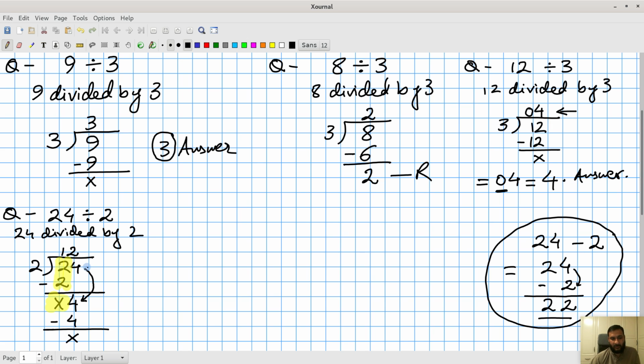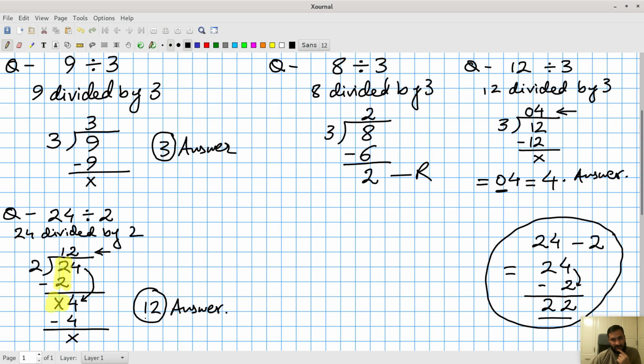And now there are no more numbers here. That means the number which we were given to divide by 2 is now fully processed. And we have 0 remainder. That means nothing is left. That means this is the answer. So we write here 12 is the answer. Right?